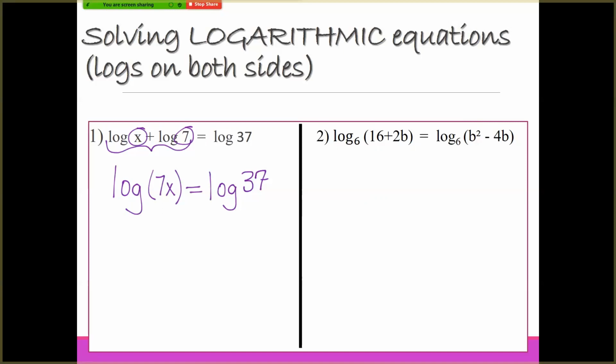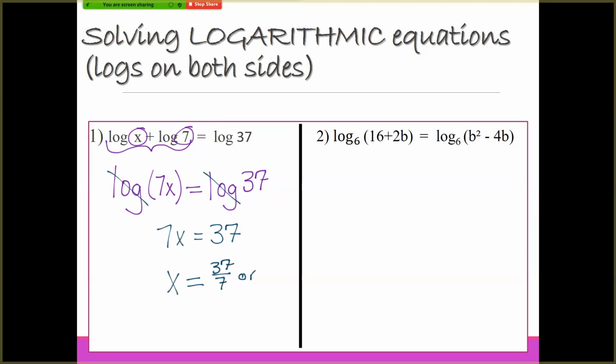So now we have log of 7x equals log of 37, and we've turned this problem into one like on the last slide. We have 1 log equals 1 log, so we're just setting our parentheses equal to each other. In this case, 7x equals 37. Divide both sides by 7, and x equals 37 over 7.